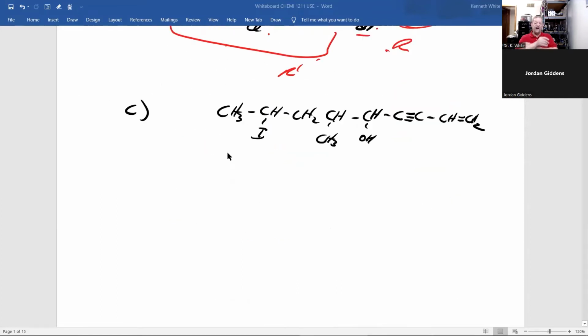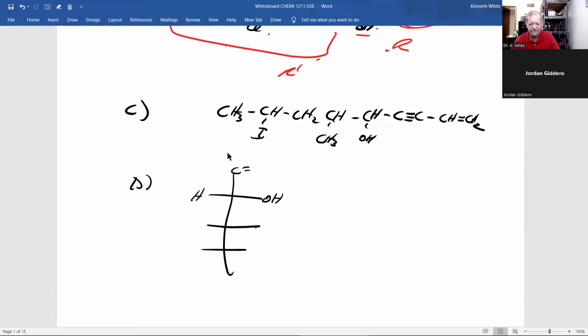And we're doing C now. And the question is, circle the chiral carbons in C. And I'm also going to give you a D. Now, this is called a Fischer projection.